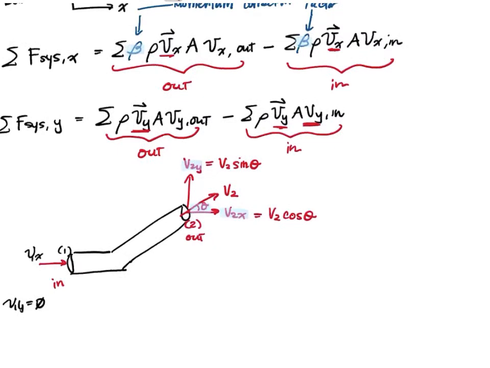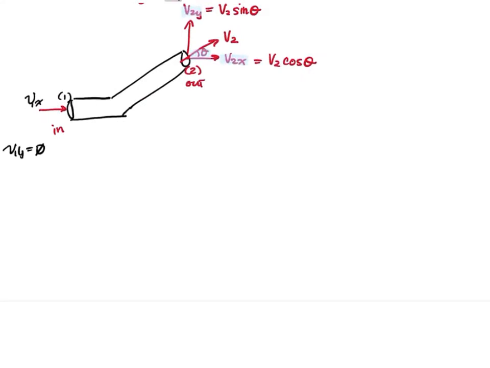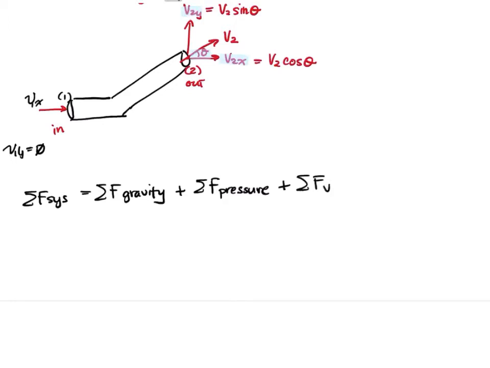Now let's talk a little bit about the left-hand side of the equation, the sum of forces onto the system. The sum of the forces onto the system is going to consider the sum of forces due to gravity, the sum of forces due to pressure, the sum of forces due to viscous effects, and the sum of forces due to other.